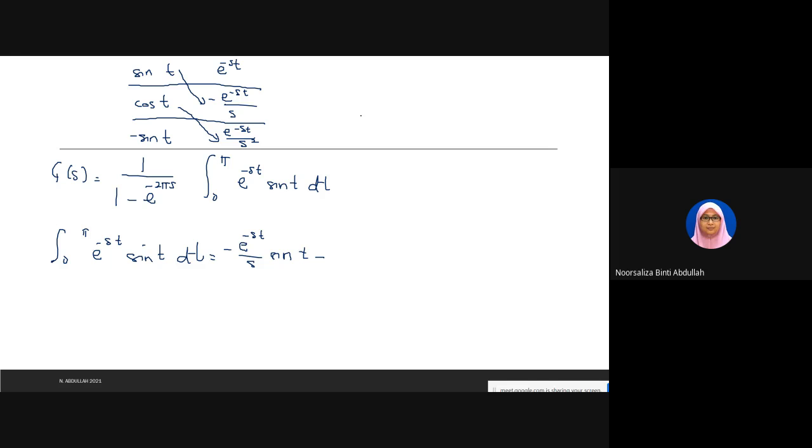Cos t darab ni, you get exponent minus st over s square cos t, and then next, tolak sin t times this one, minus exponent negative st over s cos 2, minus 1 over s square integrate exponent minus st sin t dt. And then you simplify this one.